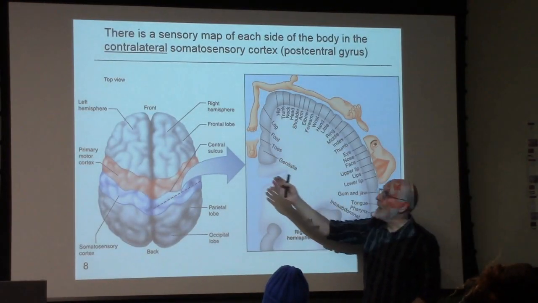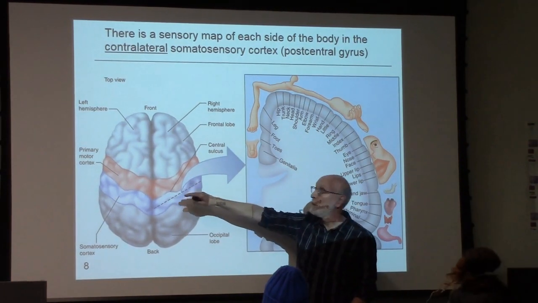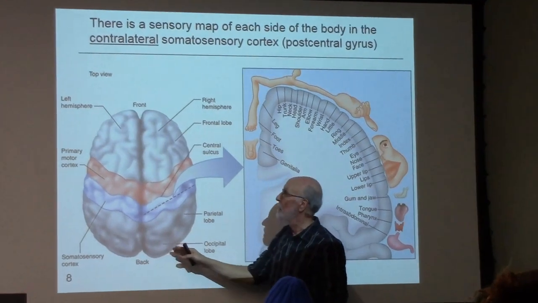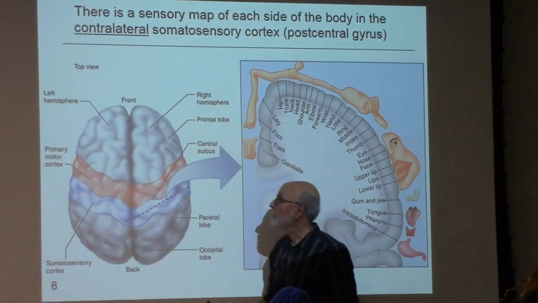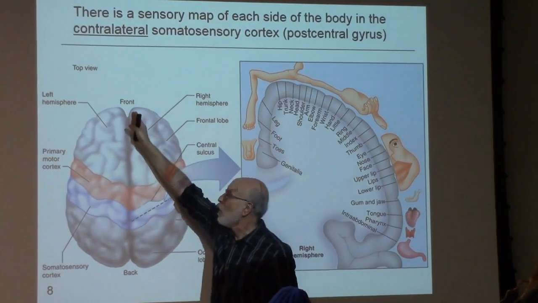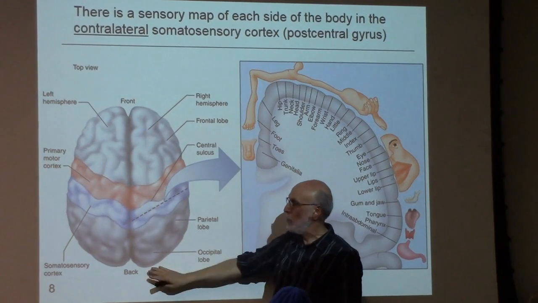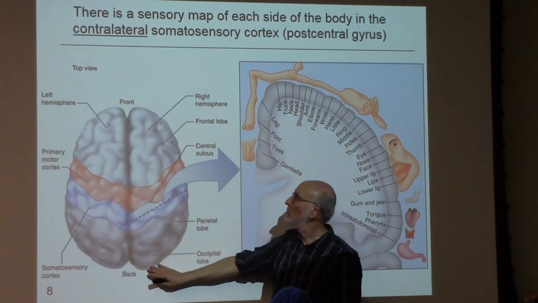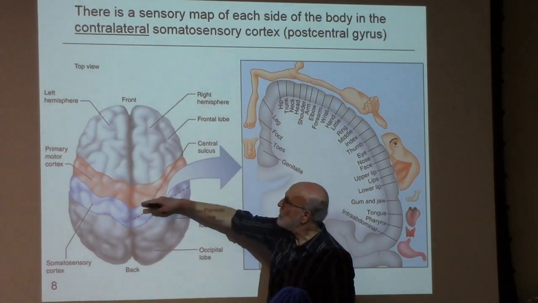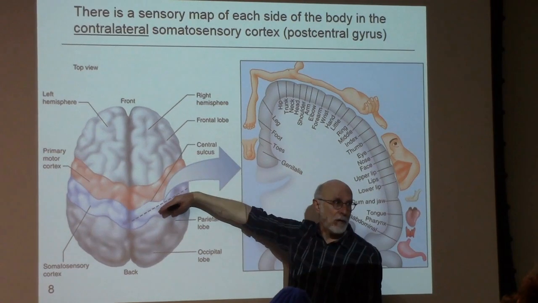So here is a cartoon of the brain, looked at from above, front, back, left, right. Longitudinal fissure, frontal lobe, parietal lobe, occipital lobe. Words you should know: central sulcus in this cartoon is here. Post-central gyrus is here.